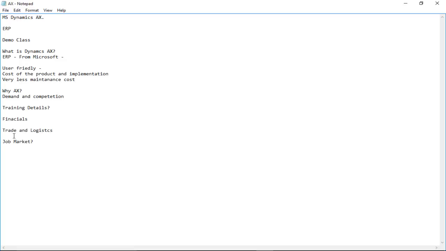configure the system. To configure based on the requirements of Reddy's Laboratories, there are different business functions in the company. They have financials. What do they do in financials? They do payments, receipts, general ledger, general and financial transactions, and they maintain their fixed assets, all that stuff.